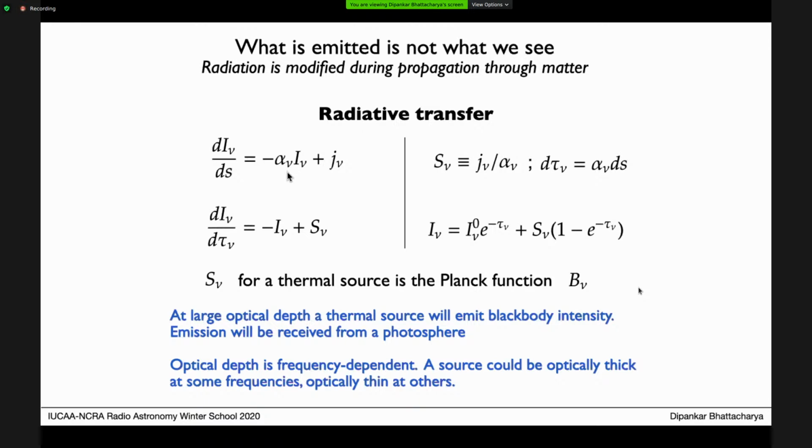Now, an interesting quantity is the ratio of these two, emission coefficient to absorption coefficient, which we call the source function, S nu. This S nu is identically equal to the Blackbody function or Planck function B nu for a thermal source. If the particle energy distribution happens to be non-thermal, then the S nu will depart from the Planck function. So the character of the source, whether it is thermal or non-thermal, is fully described by this function S nu.